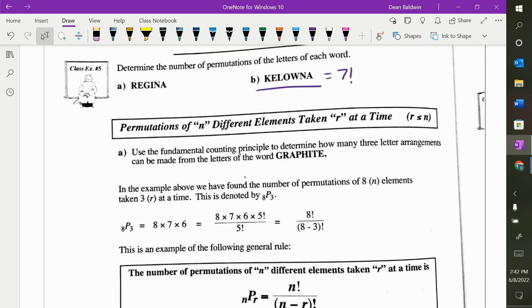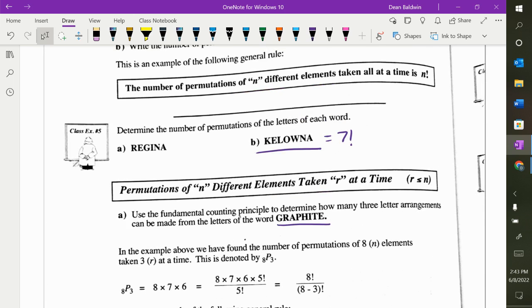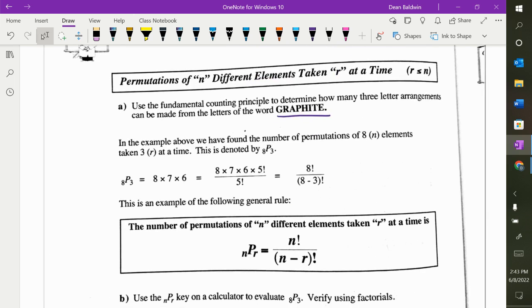Okay. So if you're using all the letters or all the numbers, it's just that number factorial. If you are not using all of them, so if I have the word graphite and I want to use 3 of those letters, how many letters are there? 8.